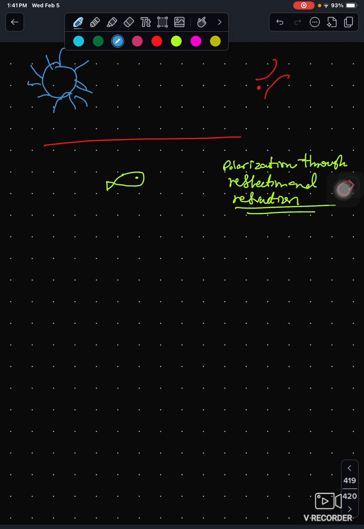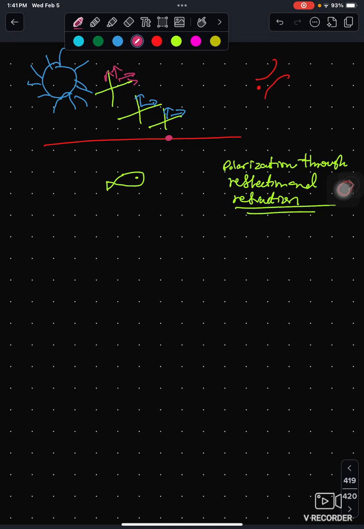Now what we actually see is when light is coming in, look at this, it has two orientations, one horizontal and one vertical. Horizontal, vertical, horizontal, vertical.